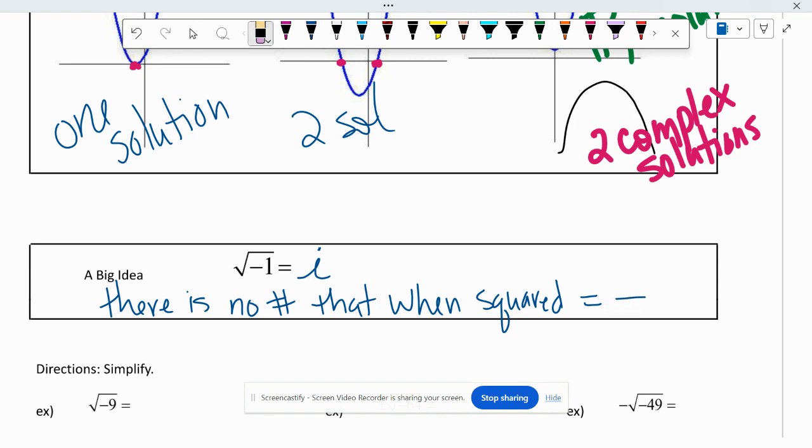Maybe I should just write the word negative instead of the symbol. Right? There's no number that when you square it equals a negative. So we learned early on that you can't take the square root of a negative number. But all of the time we end up with negatives in our radicals because it's still graphable, right? So we have to figure out what kind of a solution that is.